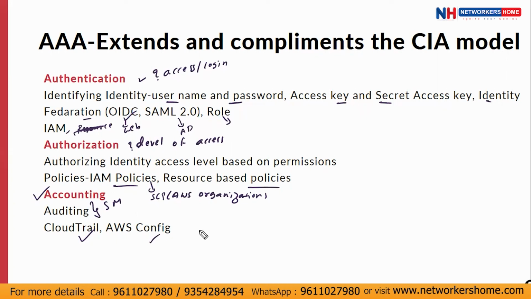It gives resource history: who did what, when. You can also define policies, like if anybody launches a large instance, alert me. Or if somebody creates a security group with the SSH port open to all source IPv4 addresses, you can get an alert, and you can also take remediation action.